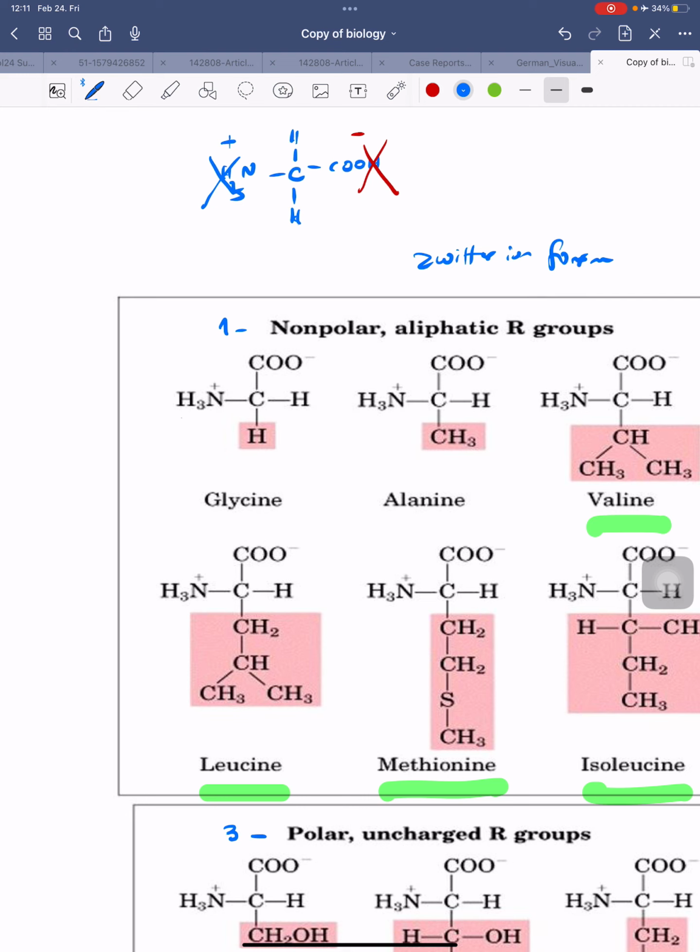As you see here, one is positive and one is negative. We can use the zwitterion form, which I explained about the structure in the chemistry lecture.